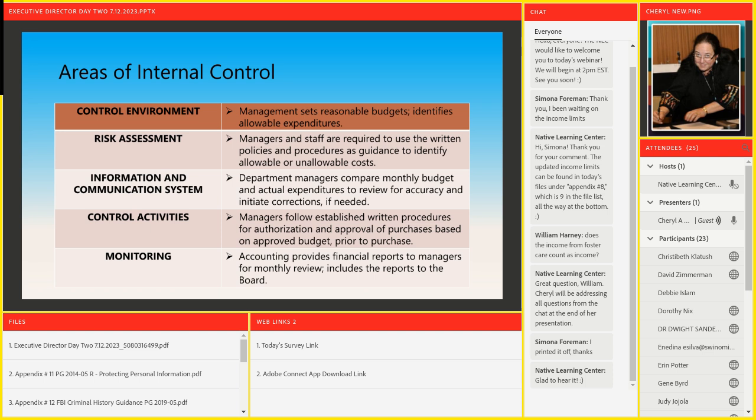So the areas of internal control: your control environment, you set your reasonable budgets, identify your allowable expenditures. Your risk assessment: managers and staff are required to use written policy and procedures as guidance to identify your allowable and your unallowable cost. Your information and communication system: your department managers compare your monthly budgets to your actual expenditures to review for accuracy, and initiate corrections if needed.